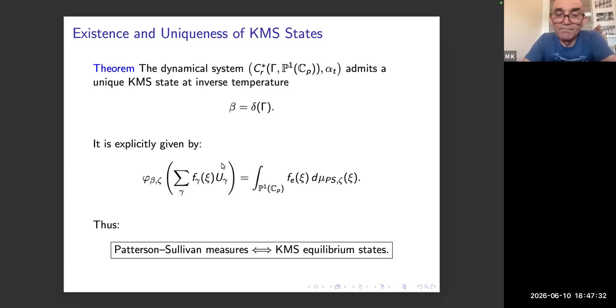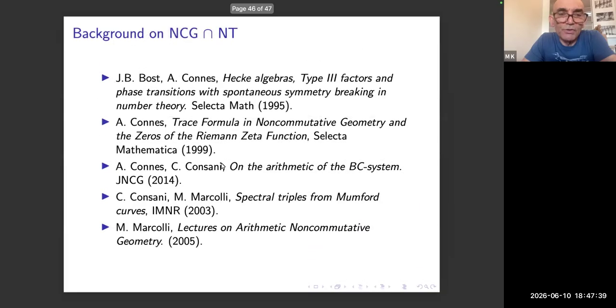So that's basically all I wanted to say for now. And I should say, in general, on the relations between non-commutative geometry and number theory, there are a lot of papers you can look at, but of course it starts with papers of Connes and then Connes-Consani. And I also should emphasize Consani-Marcolli, several papers.